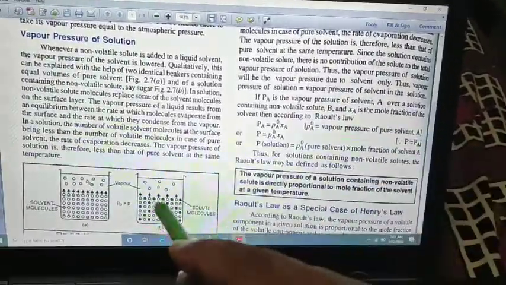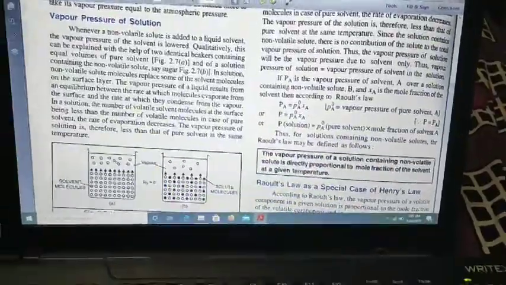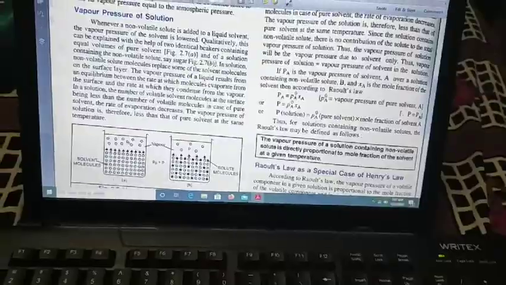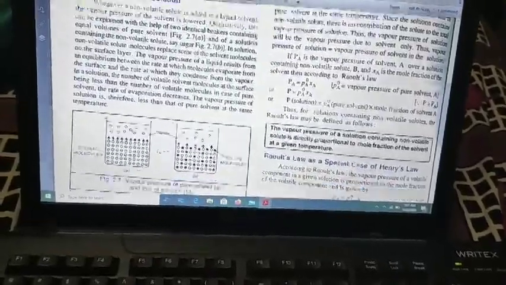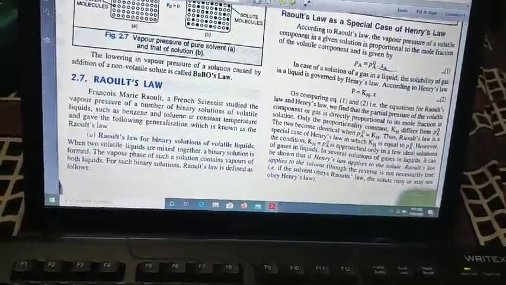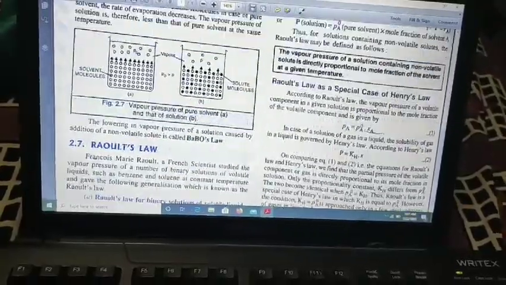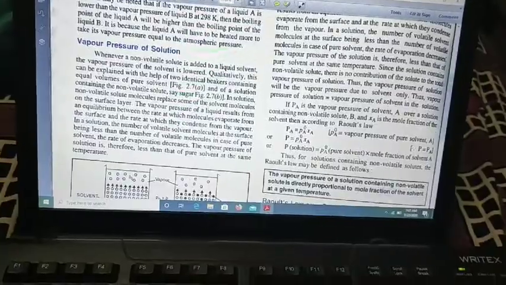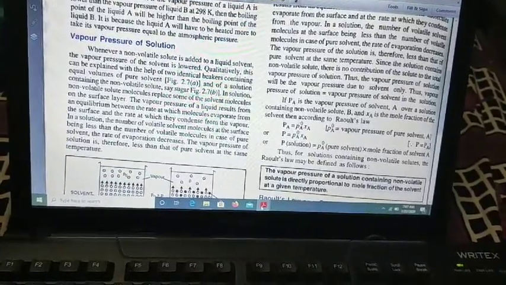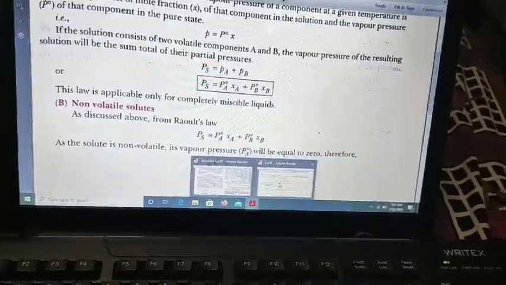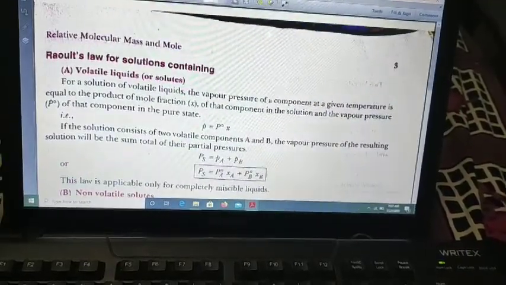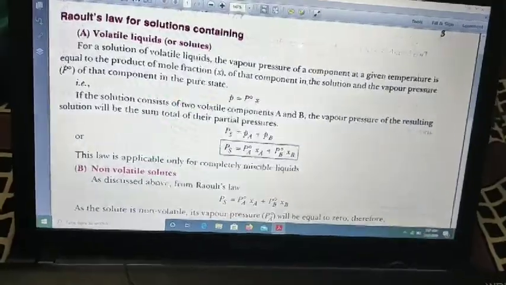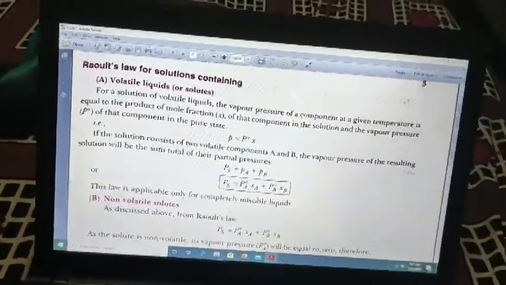Okay, so this is a general idea about vapor pressure. Now we will see a law related to it, commonly known as Raoult's law. According to Raoult's law, two statements are given, one for volatile liquids or volatile solutes, another for non-volatile solutes.